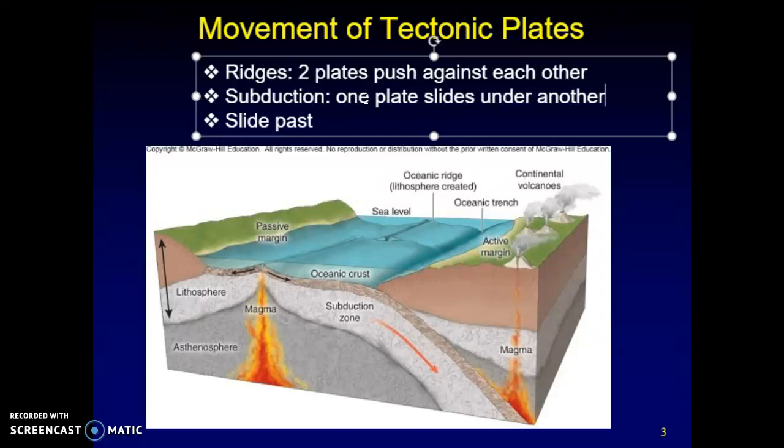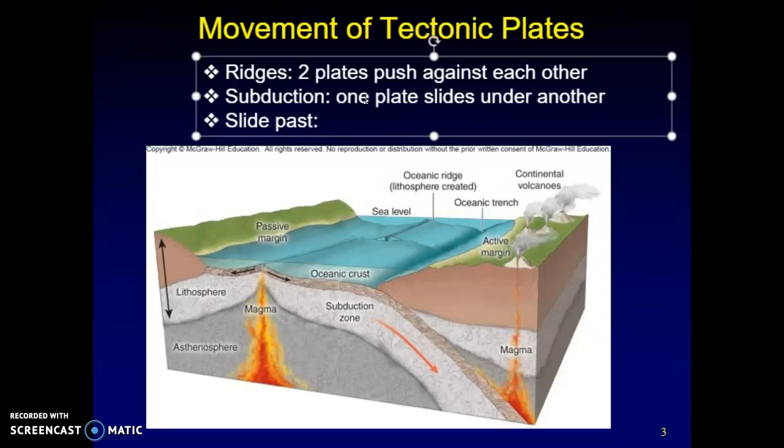This is why sometimes we will never find fossils of certain things, because if they're on a plate that subducts and goes underneath another, it's gone. A lot of the ocean plates do this when they hit the continental landmass plates.